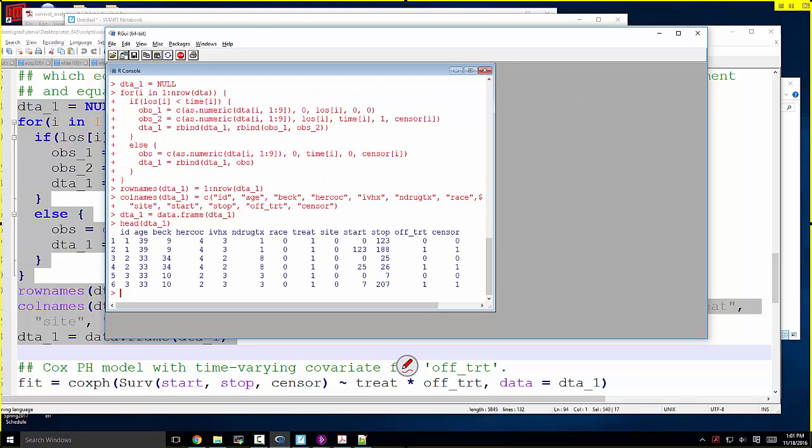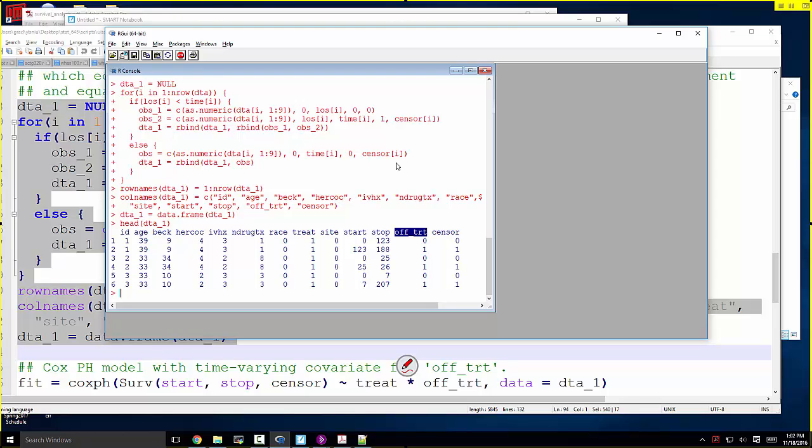So now, notice that there are 2 rows for each of the individuals. ID 1 is in rows 1 and 2, both of them. Most of the covariates are exactly the same because these are baseline measures that are not time dependent. But what is time dependent is the new variable off treatment.